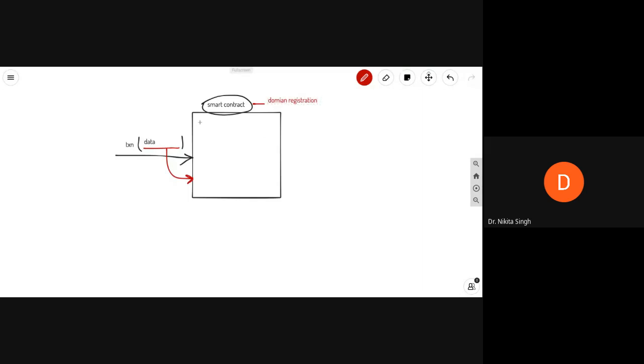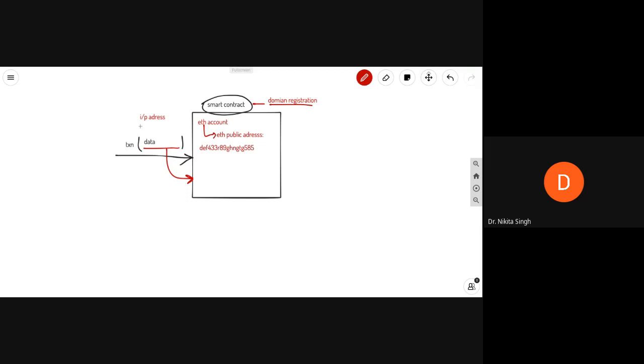This will be associated with some Ethereum account, and this will have some Ethereum public address. So you're using your Ethereum public address, and for this address, somebody is doing a domain registration. Your incoming data could be your IP address and your domain name.